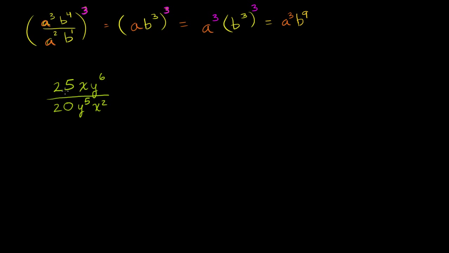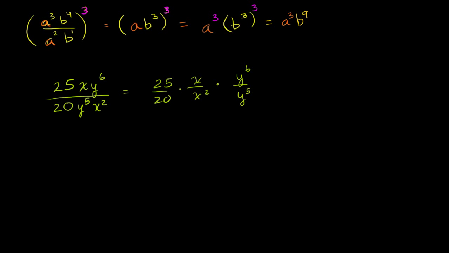So once again, we can rearrange the numerators and the denominators. So this you could rewrite as 25 over 20 times x over x squared. Right? We could have made this bottom 20 x squared y to the fifth. It doesn't matter the order we do it in. Times y to the sixth over y to the fifth.